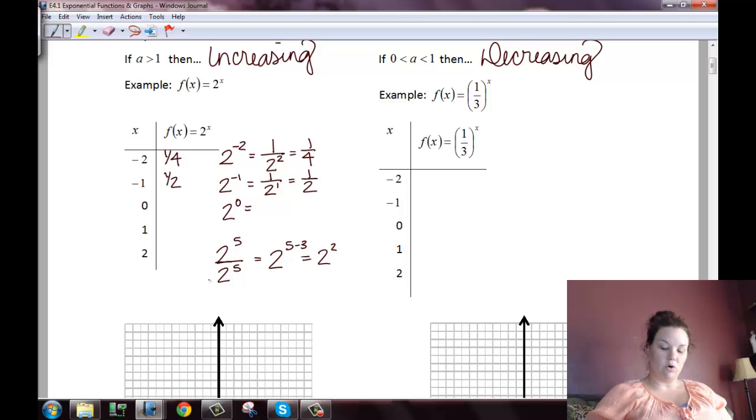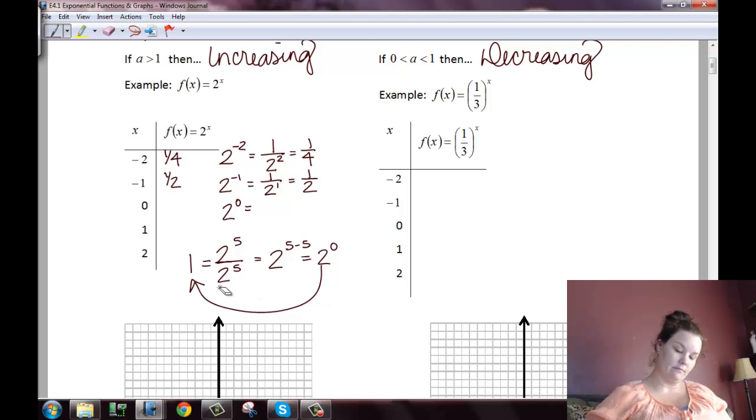We know that any number over itself equals 1, correct? But using our subtraction property here, this would mean 2 to the 5 minus 5, which gives 0. So notice 2 to the 0 has to equal 1. Okay? So any number raised to the 0 power will give you 1, regardless of what that number is.